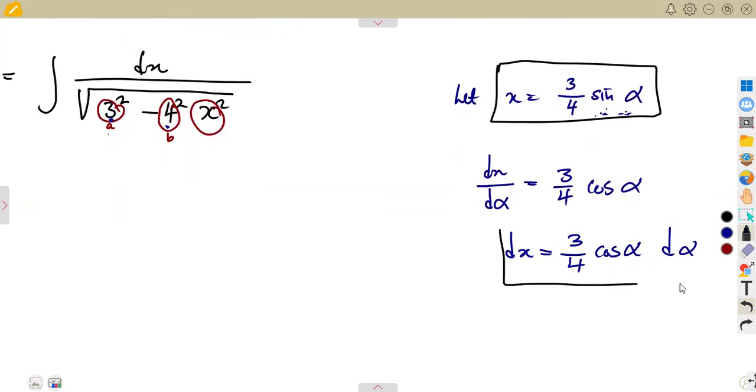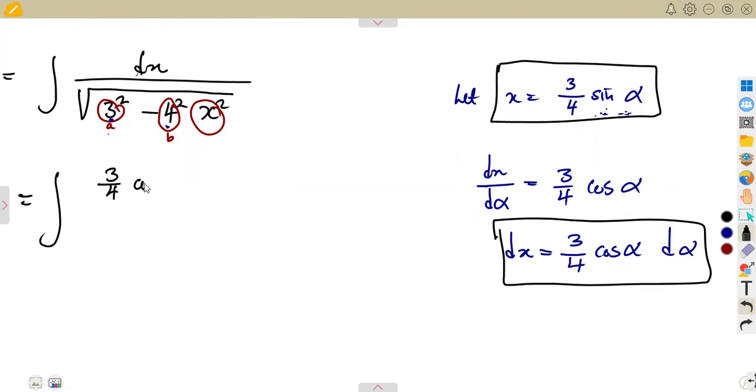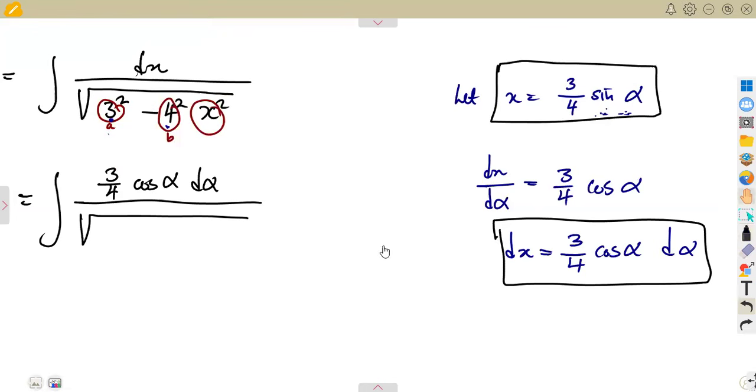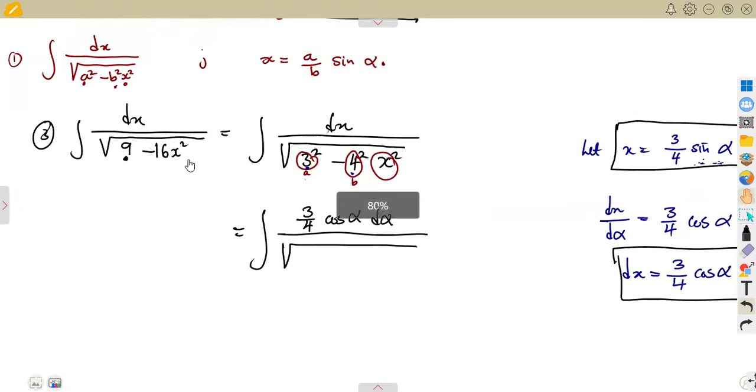There are two things to be substituted into our integral: the x that we had and the dx. In place of the dx, we're going to have 3 over 4 cos alpha d alpha. And this is the square root of 9 minus 16 x squared, not x, but x squared.